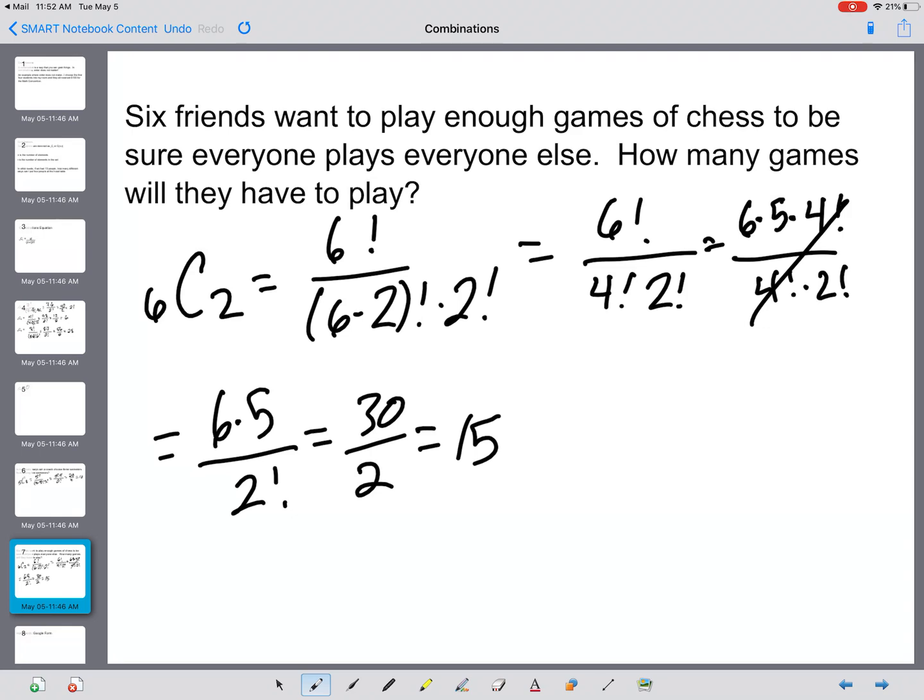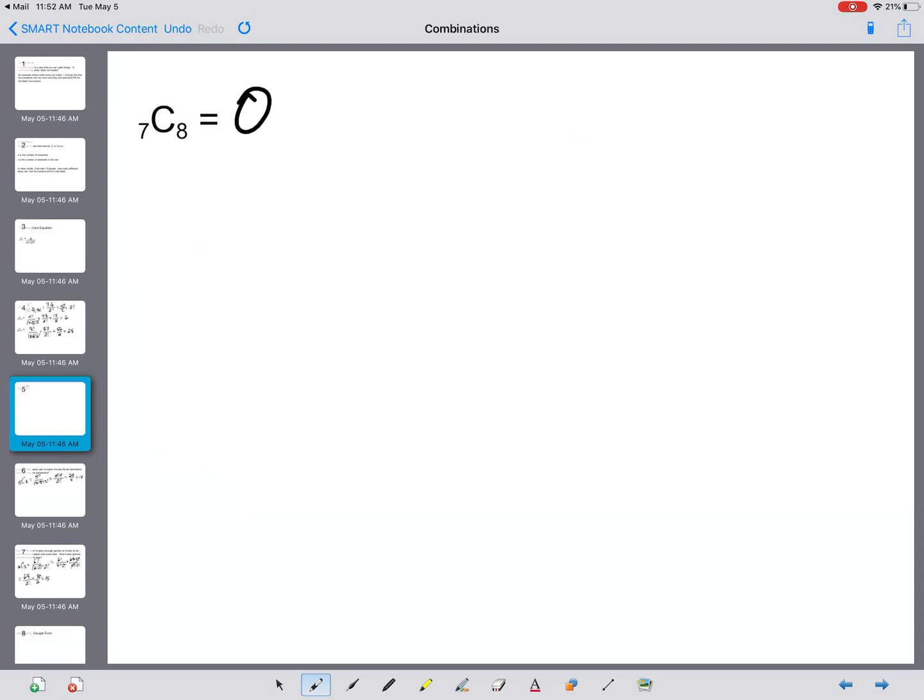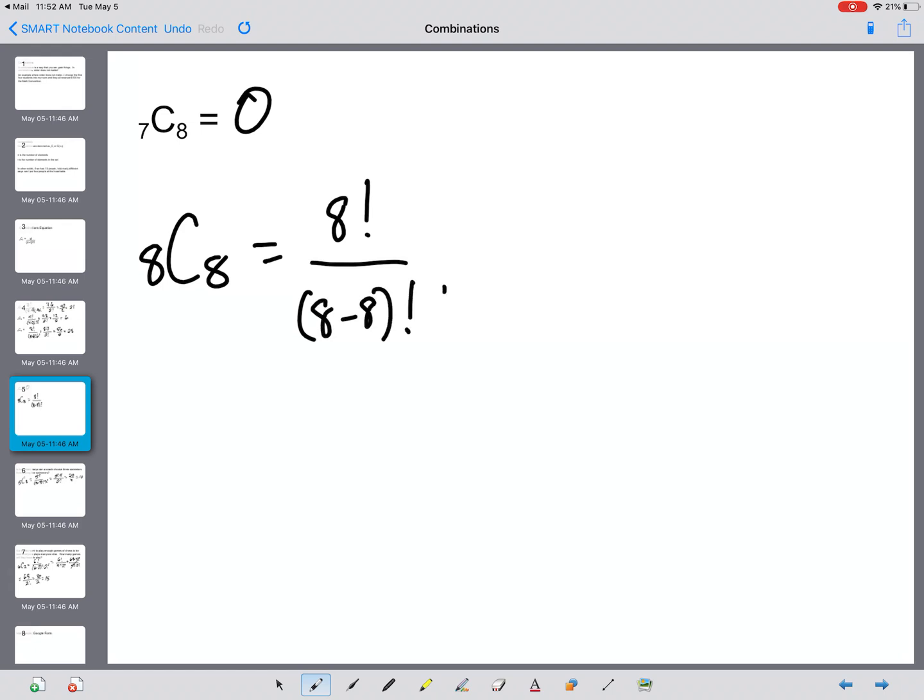I'm going to come back here for a second. What happens if I had 8 combination 8? So I had 8 factorial over 8 minus 8 factorial times 8 factorial.